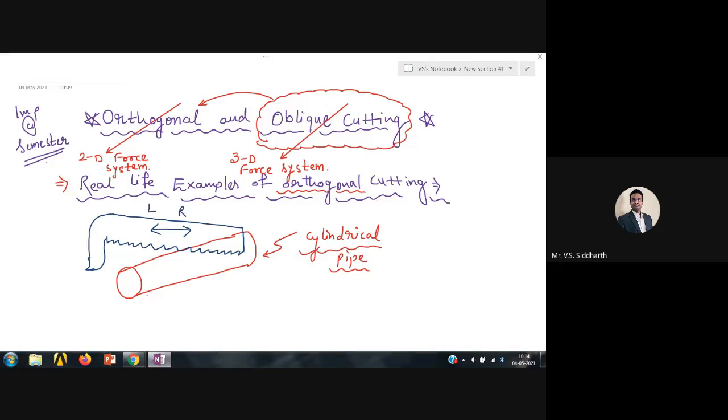Okay. How many of you say that if I just bring the saw in contact with the workpiece, and move the saw left and right, then the cutting will take place?